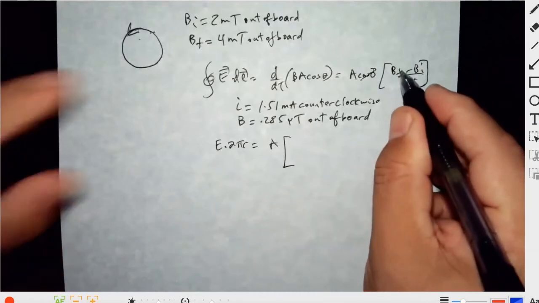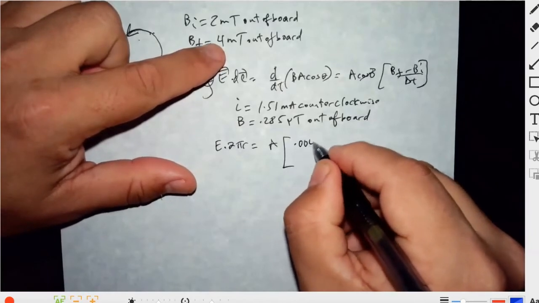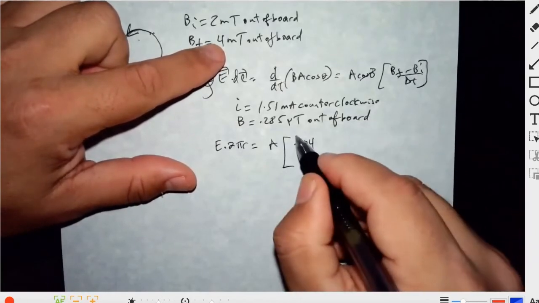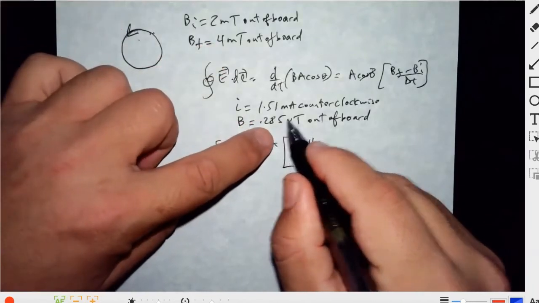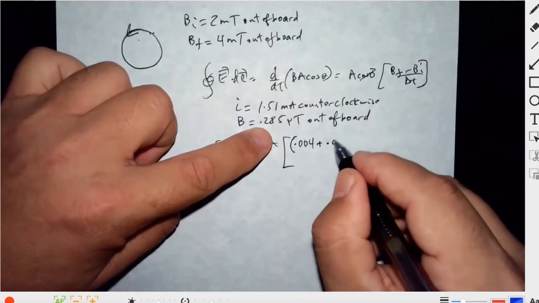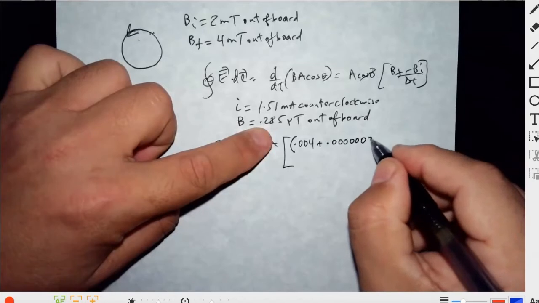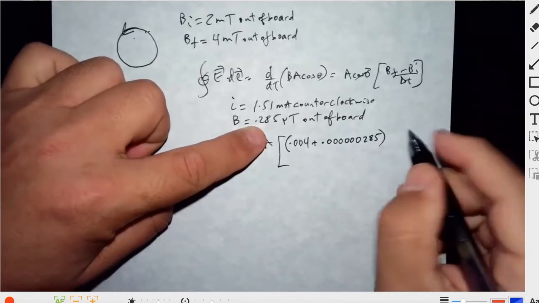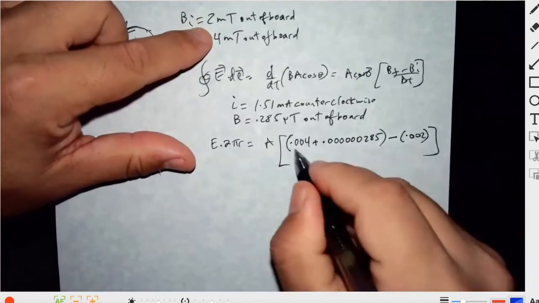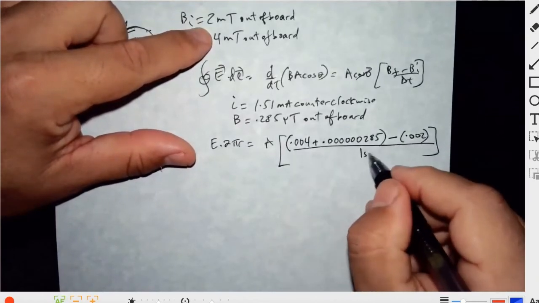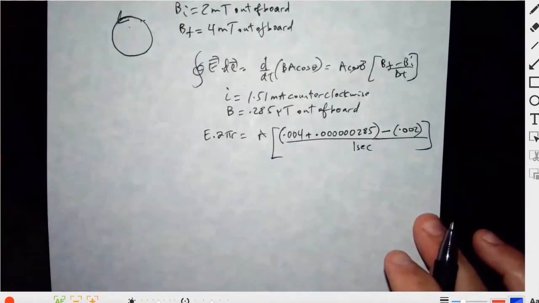What was my B final? 4 milliteslas, so 0.004 Tesla. But I have to add to it the B field created by that induced current, 0.000000, yes it is hardly noticeable, minus the initial B field, which is 0.002, over 1 second. But even though it's hardly noticeable, now look what's going to happen.